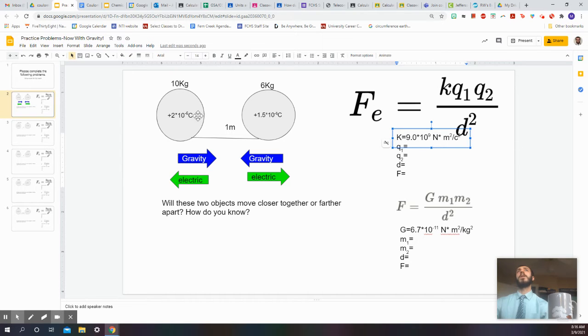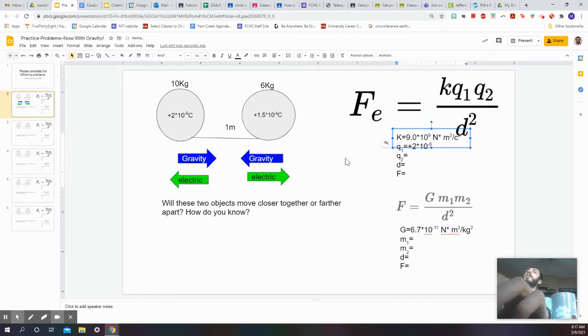For Q1, I'm going to choose the one on the left, arbitrarily. I'm going to fill out all of our numbers here. Remember, we're applying this formula: k times Q1 times Q2 divided by d squared. This is the huge constant k, times the first charge, times the second charge, divided by d squared. So Q1 is positive 2 times 10 to the negative 6.